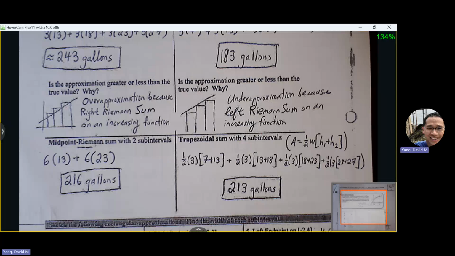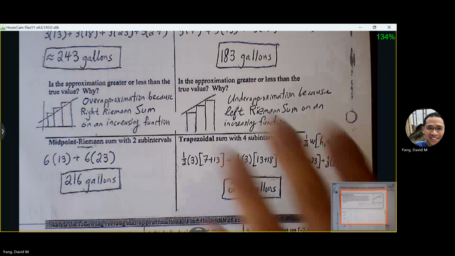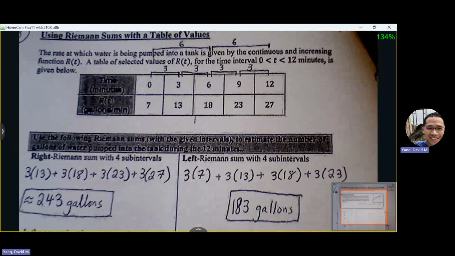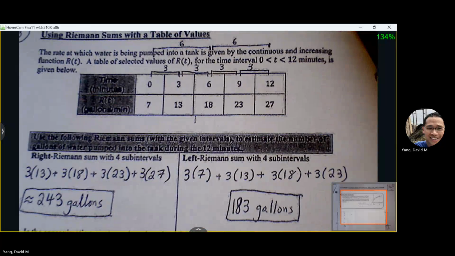Oh, I do want to talk about a trouble spot with trapezoids. This is what I've seen some students do. Let me go back to this diagram here. What if it was 2 trapezoids?